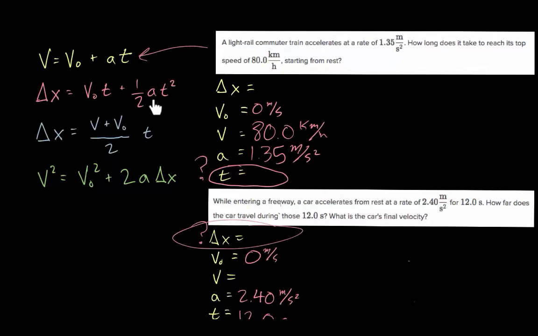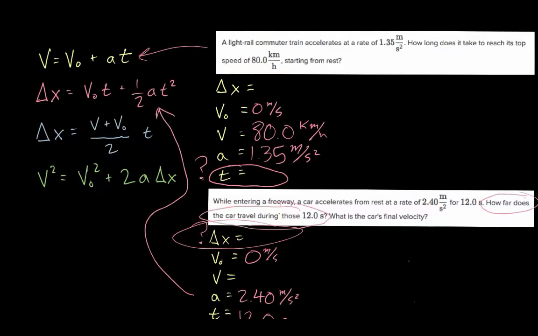And finally, it also has acceleration. So it has everything we need. It has the thing we're looking for, and it doesn't include anything that we don't know. So for this problem, this second equation is the most useful for answering the question, how far does the car travel during those 12 seconds?